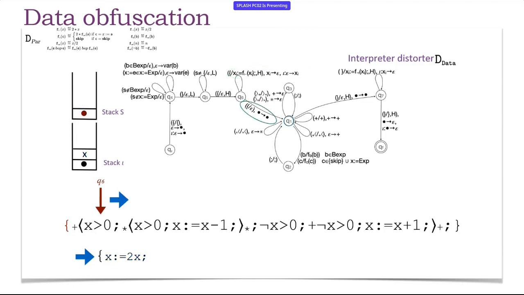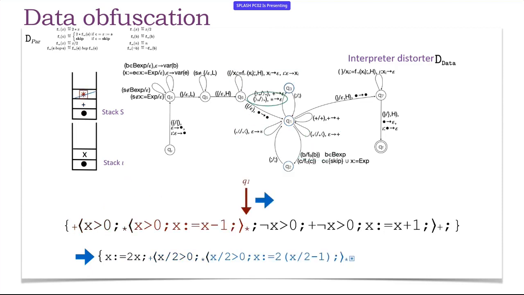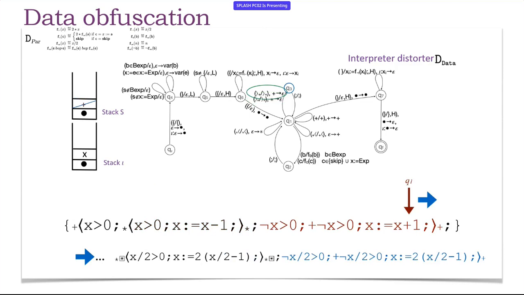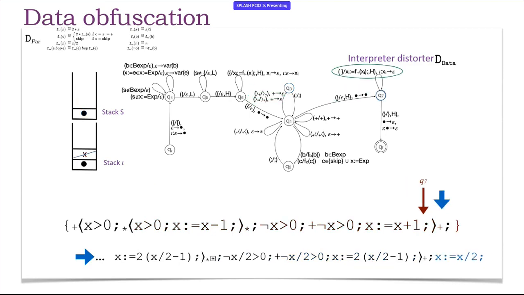Then we can transform the whole program. So each access is divided by 2, and each assignment is the access divided by 2 and the store multiplied by 2. And then we transform the whole program. And when we reach the end of the program, we just use the stack, which was filled in the beginning, just to know for which variable we have to define an assignment dividing the result by 2.